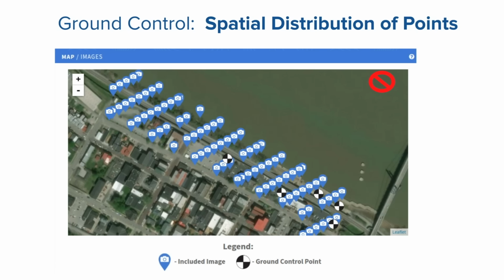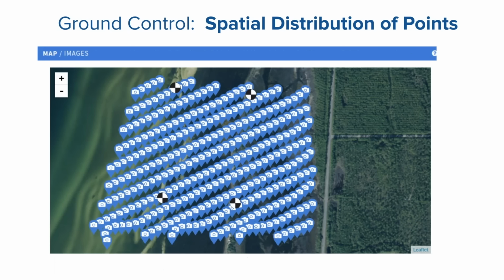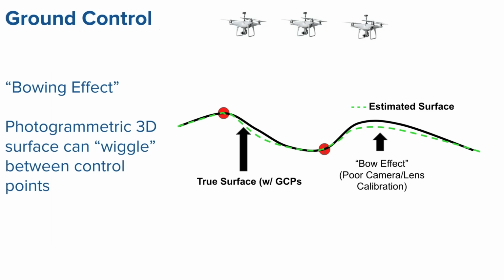It might have a tilt to it or a skew, and/or a bowing effect. That's what we call it, a bowing effect. What you can see happen is that the 3D surface can wiggle between the control points. It might be very good near the control points, but in between them, if there's not a good spatial distribution, you get this wiggle effect.